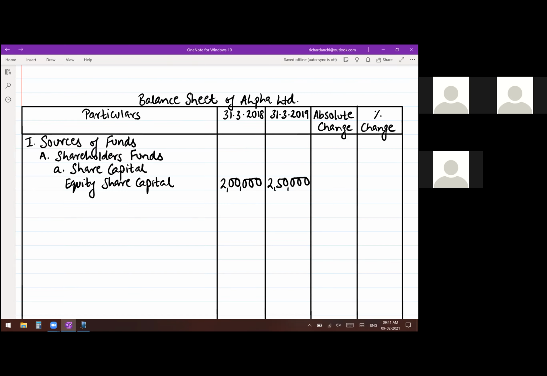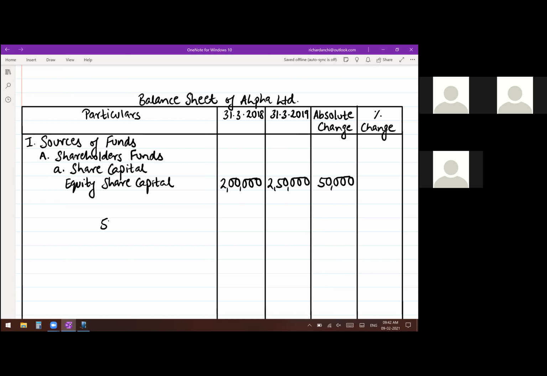So calculate and tell me how much change has happened in amount. 2,50,000 minus 2 lakh, the increase is by 50,000. And then to calculate percentage change, remember, you can directly take whatever is the change, that is 50,000, divide by the initial amount, that is 2 lakhs, multiply by 100 and you get a percentage.